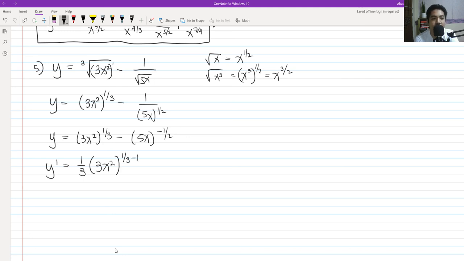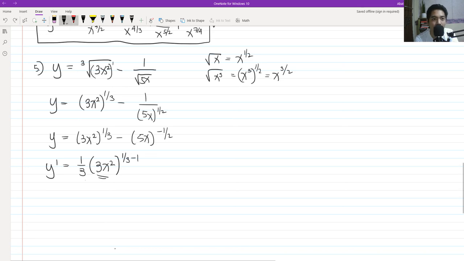But, guys, we still have to differentiate the inside function, because I forgot that this is also a chain rule problem. So we applied the power rule. We have 1/3 here, and then we copied the 3x squared raised to 1/3 minus 1. That's the power rule. We are done with the power rule.